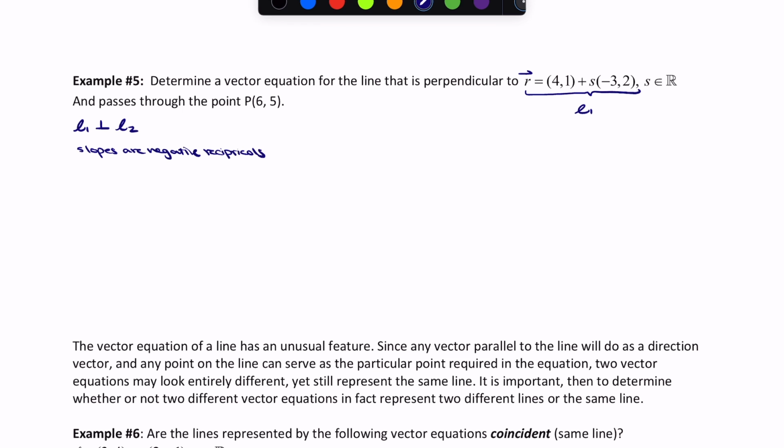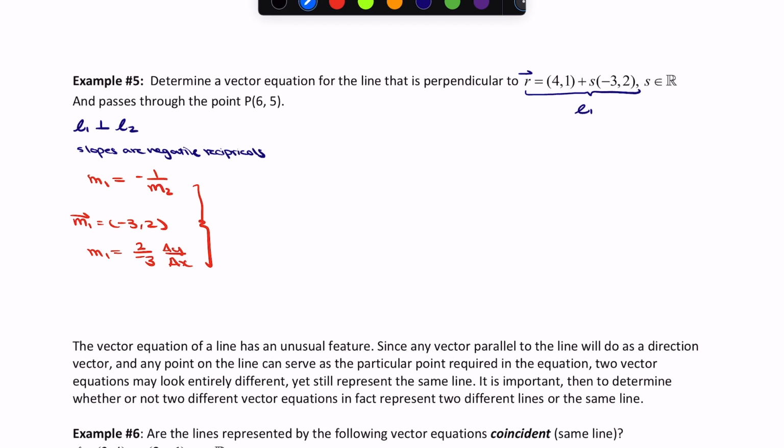And so here that means again that M1 is equal to negative 1 over M2. Here we see that the direction vector for M1 is equal to negative 3 and 2. That means our slope for M1 is equal to 2 over negative 3, which represents delta y over delta x.